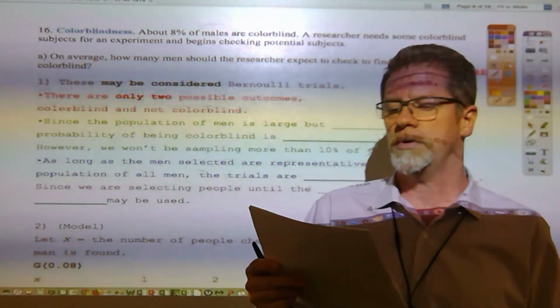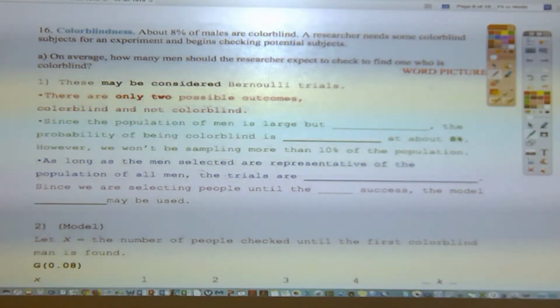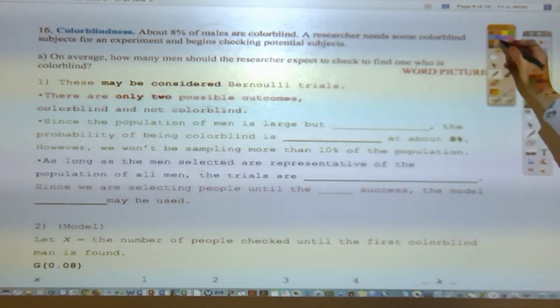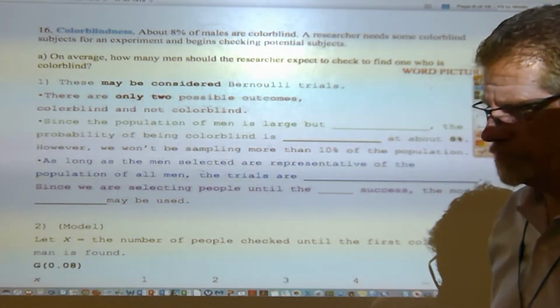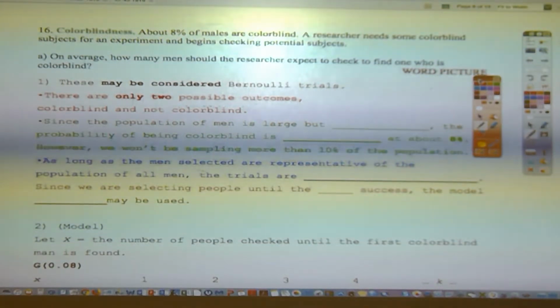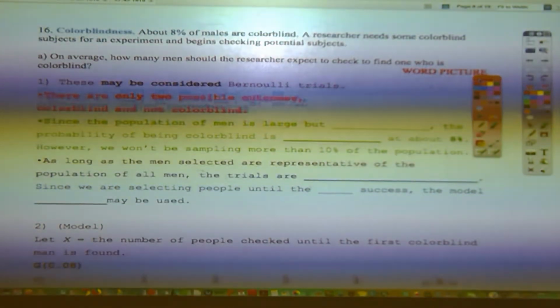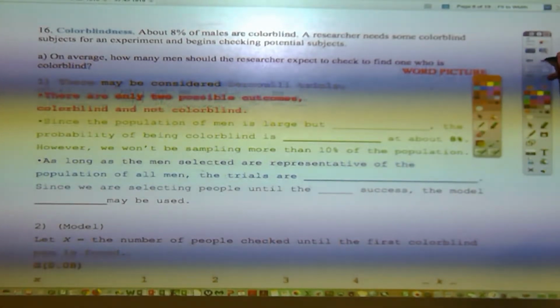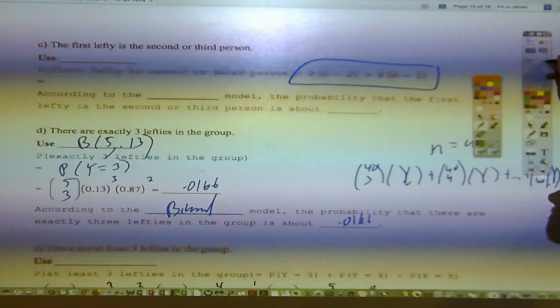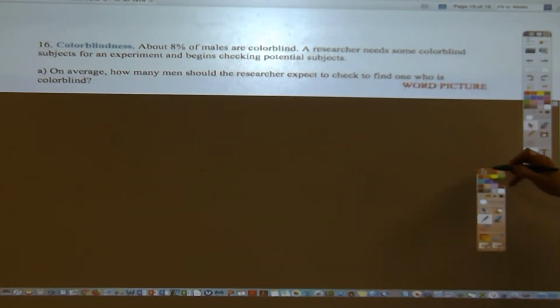The color blindness example. About 8% of males are colorblind, and a researcher needs some colorblind subjects for an experiment, begins checking potential subjects.